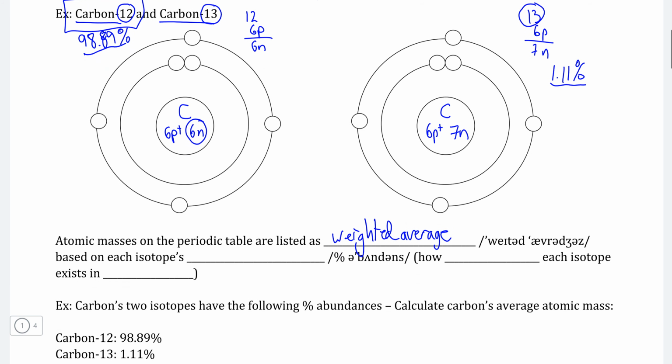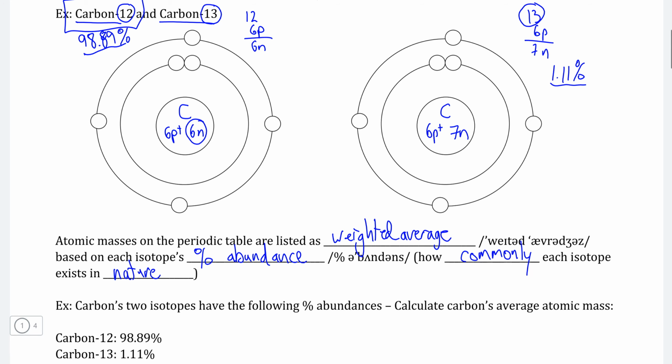So these percentages that refer to how commonly you find each form of each isotope is what we call the percent abundance, which simply refers to how frequently or how common each isotope exists in nature. And again, by in nature, we actually mean on Earth.